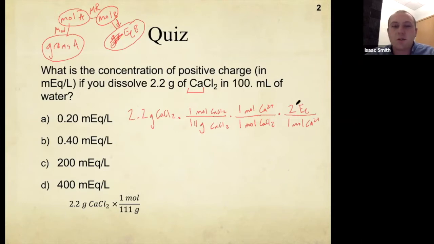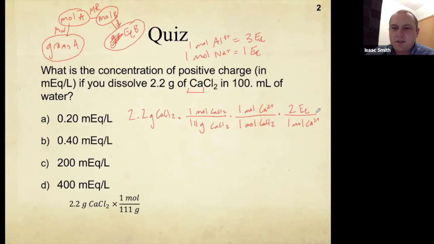So that equals 2 equivalents. If this was sodium, with a 1+ charge, then for every 1 mole of sodium, you have 1 equivalent. We talked about that in the last lecture. 1 mole of aluminum 3+ would equal 3 equivalents, for example. So hopefully that gives you an idea about that.